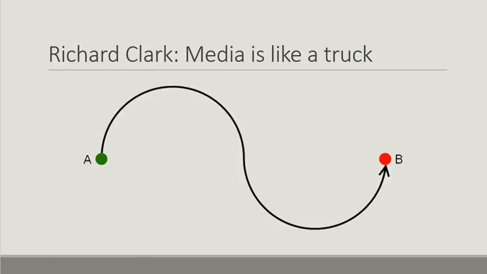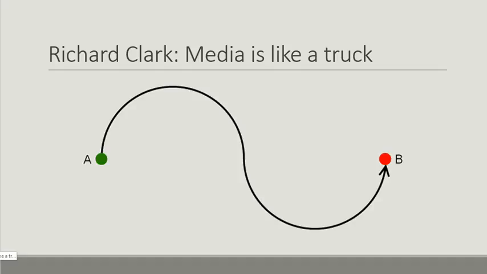Now, that led Richard Clark to opine that media is like a truck, and that as long as our truck gets our goods from point A to point B, why not just use the cheapest truck? That is an excellent point, except that, to extend Clark's metaphor a bit, the truck does matter. Consider for a moment, it matters what you're moving.